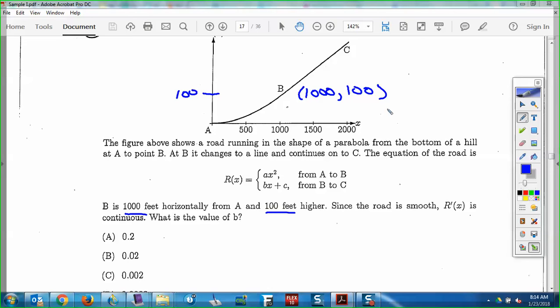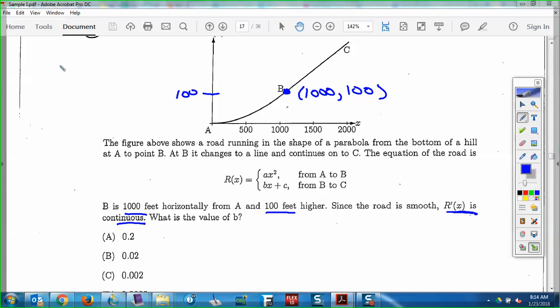And then they want to know what is the value of B. And so when you have this, basically the key is this right here. R prime is continuous. That means the derivative at this point, the derivative of the parabola, has to equal the derivative of the line. That's basically what they're saying. And we know the line and the parabola both contain this point.